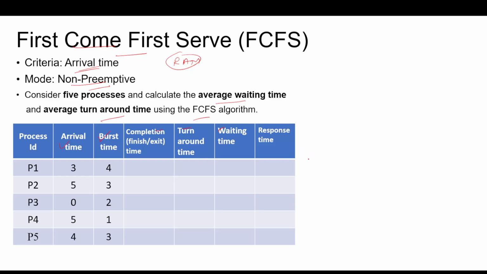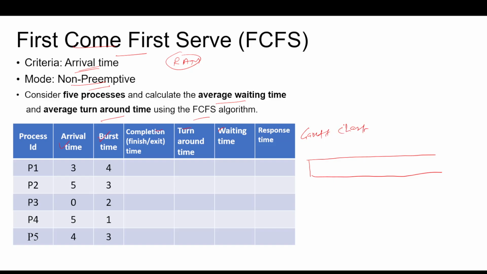In this scenario, we can use a Gantt chart. The Gantt chart is very famous for calculating numericals based on CPU scheduling algorithms, because FCFS is one of the CPU scheduling algorithms.